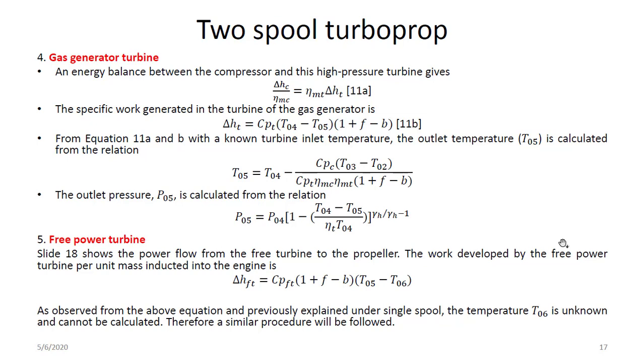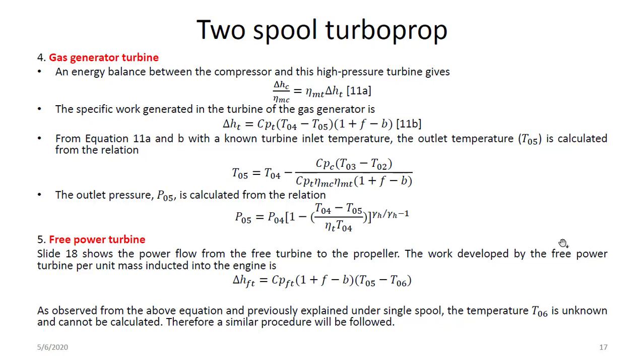And if you do an energy balance, you can get equation 11a. And the work that the first turbine generates, which will be equal to a change in specific enthalpy, is given by this formula. But because this is specific, it means you are dividing by the mass flow.